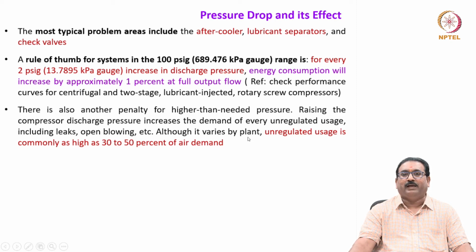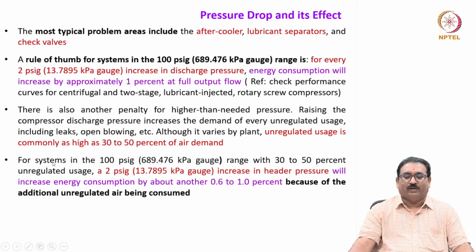Although it varies by plant, unregulated usage is commonly as high as 30 to 50% of air demand. For a system in the 100 psig range with 30 to 50% unregulated usage, a 2 psig increase in header pressure will increase energy consumption by about another 0.6 to 1.0% because of the additional unregulated air being consumed.